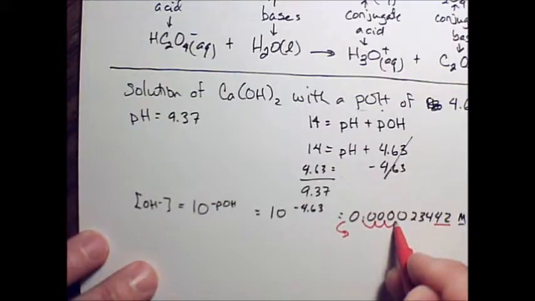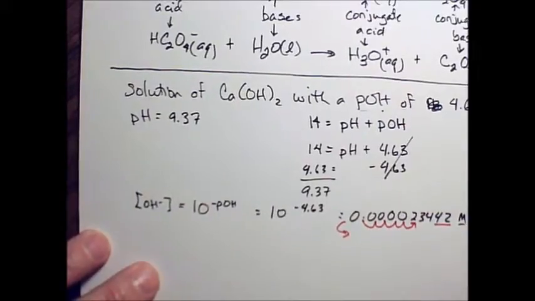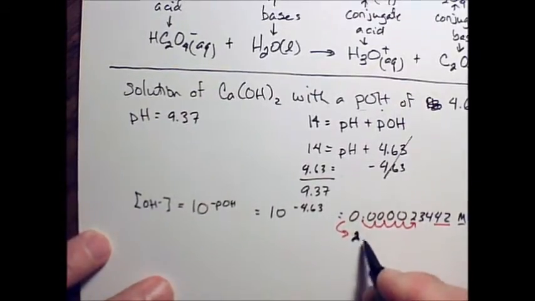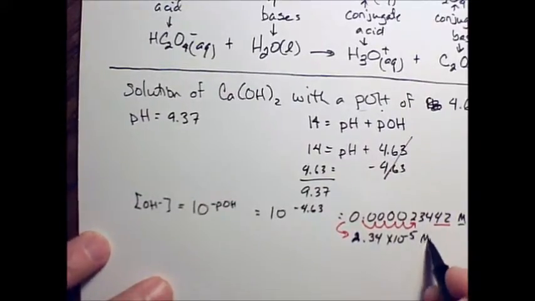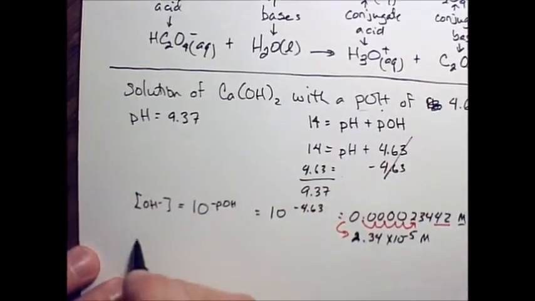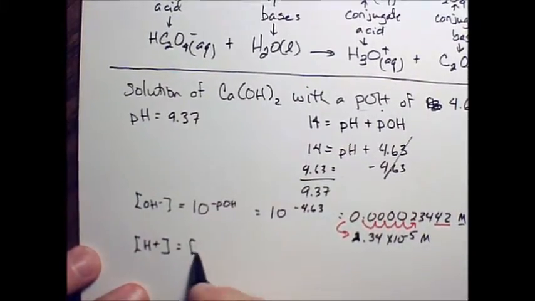So I get 2.34 times 10 to the negative 5 molar. To find the hydrogen ion concentration, take the opposite of 5.